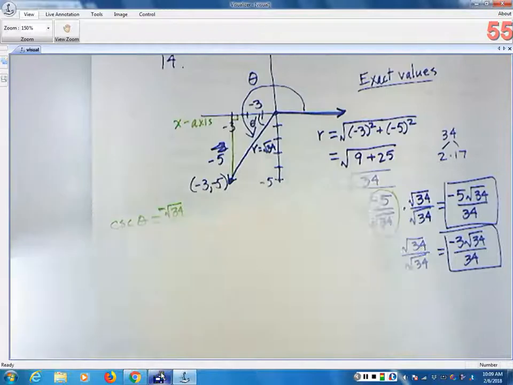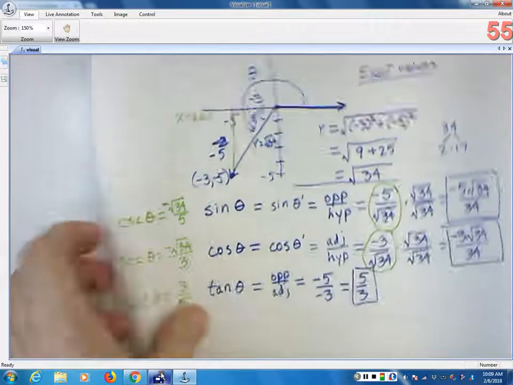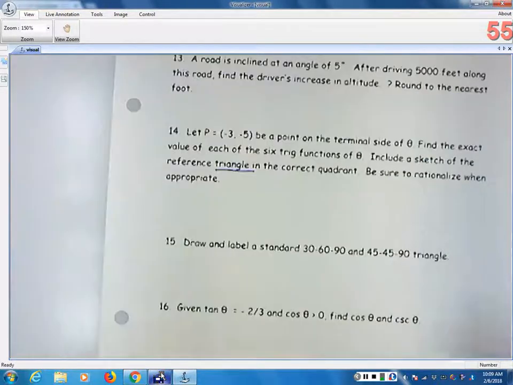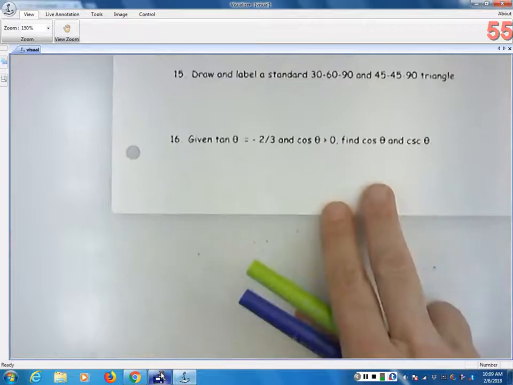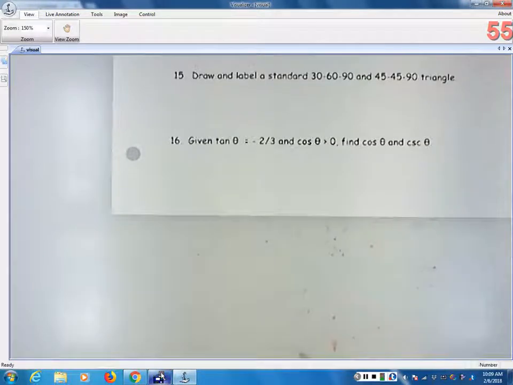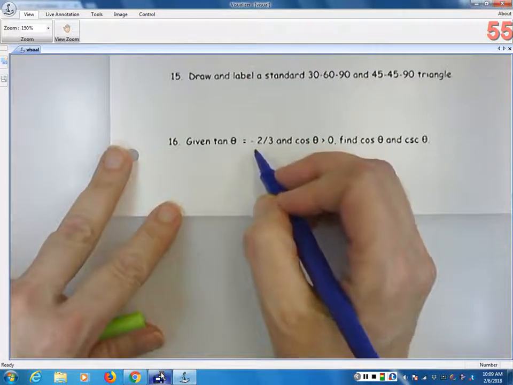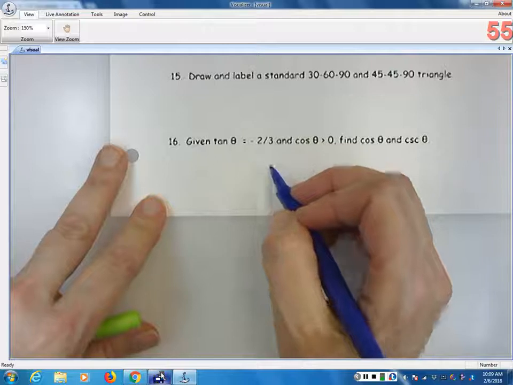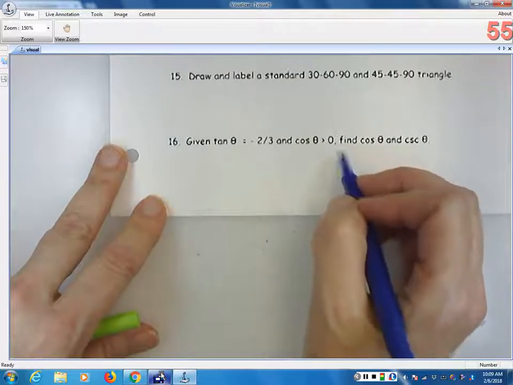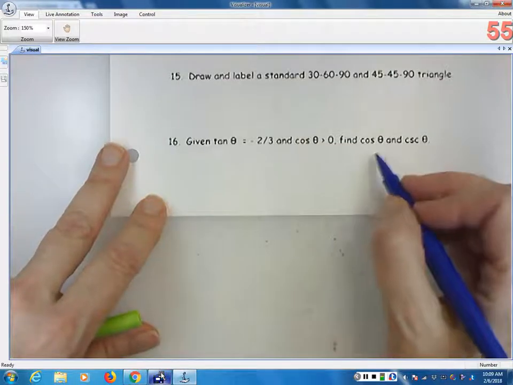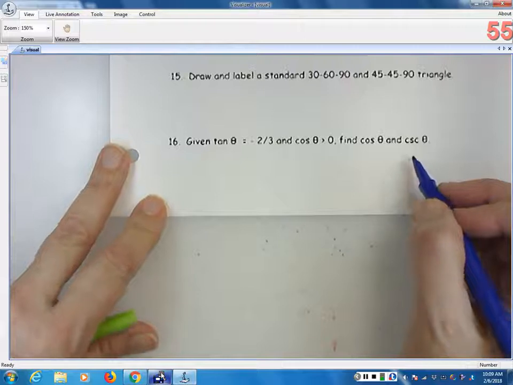Okay, the last one's not too bad. If tangent is negative 2/3 and cosine theta is greater than 0, find cosine and cosecant theta.